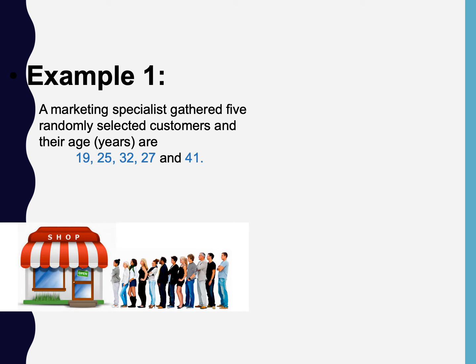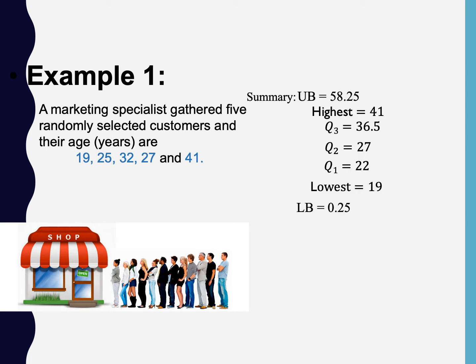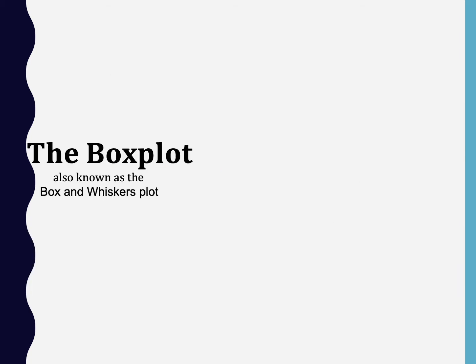Now, listing down the values that we have, that is the upper bound, the highest value, Q3, Q1. Q2 is the median of the dataset, which is 27, the lowest value, and the lower bound. You can actually construct a graph, which is the box plot, or the box and whisker plot.